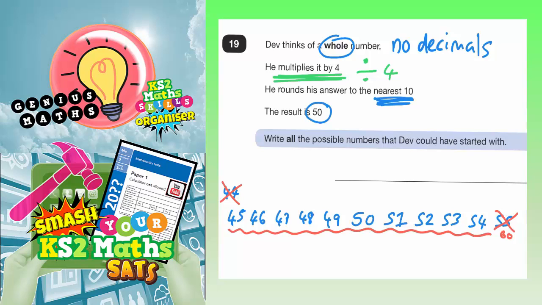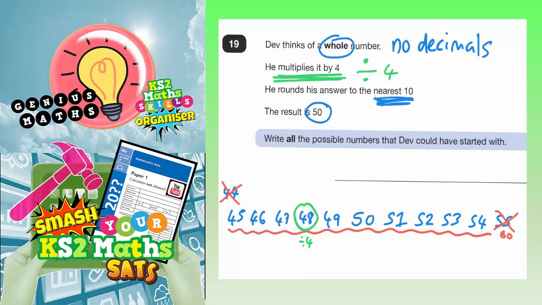Now, some of these, when you divide them by 4, are not going to be whole numbers. So what we're actually looking for is something that would be in the 4 times table. Because if it's in the 4 times table, when you divide it by 4, it would give you a whole answer. So 48, we definitely know, is in the 4 times table.